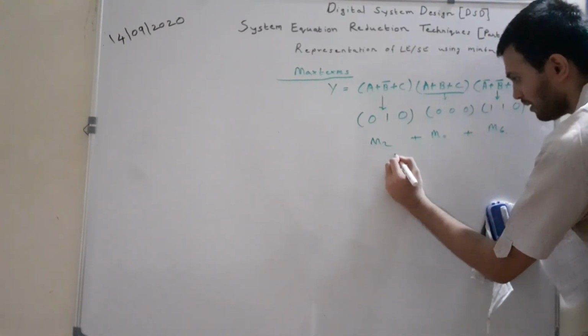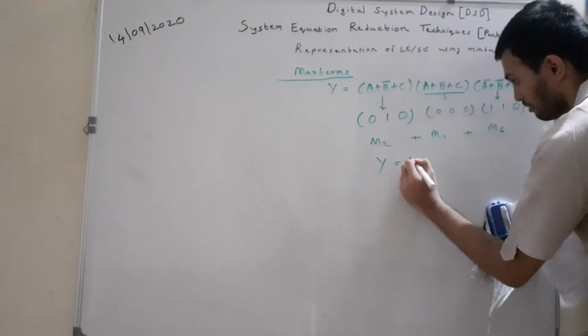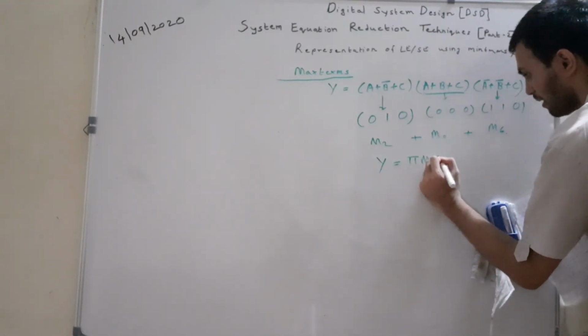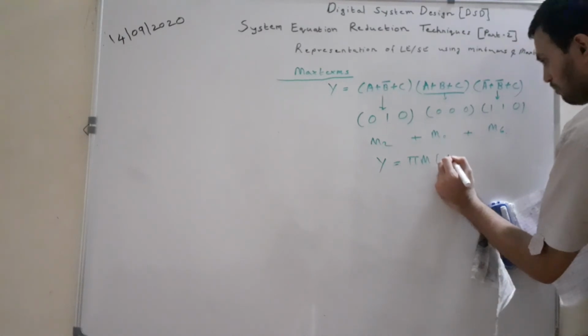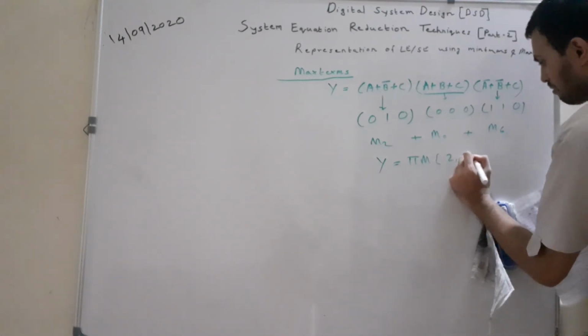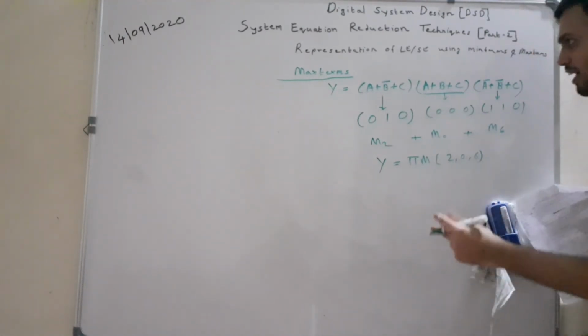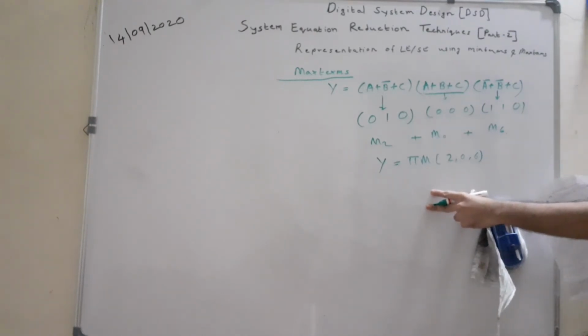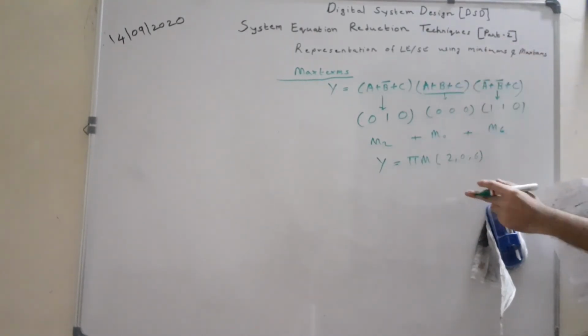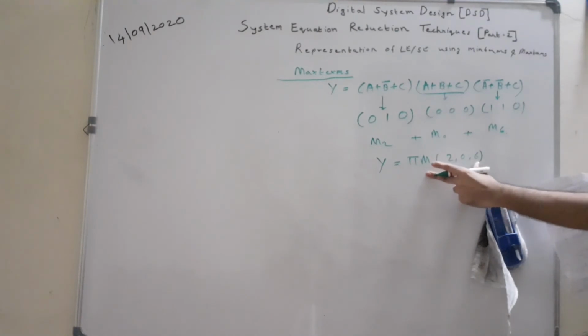The way to represent this equation is Y = product of capital M, because we are representing max terms, so it would be (2, 0, 6). This is how we represent max terms from a given logic expression.